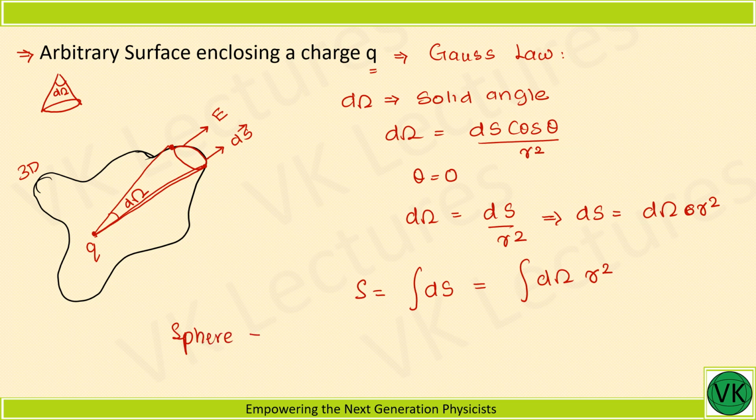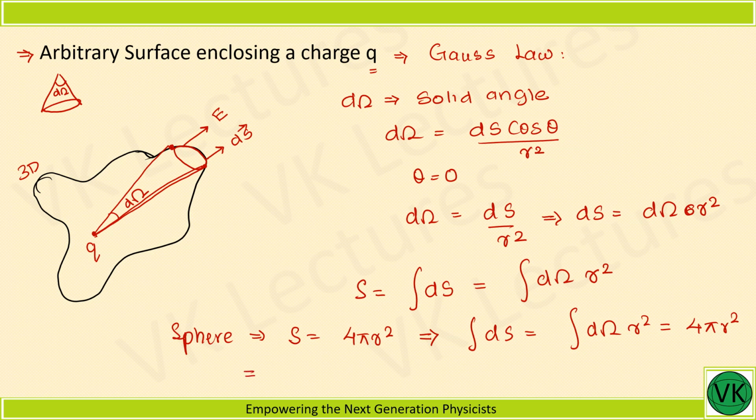For a sphere, we know that the total surface should be equal to 4 pi r squared. So the integral ds should give us 4 pi r square, that is integral d omega r square should be equal to 4 pi r square for the sphere.